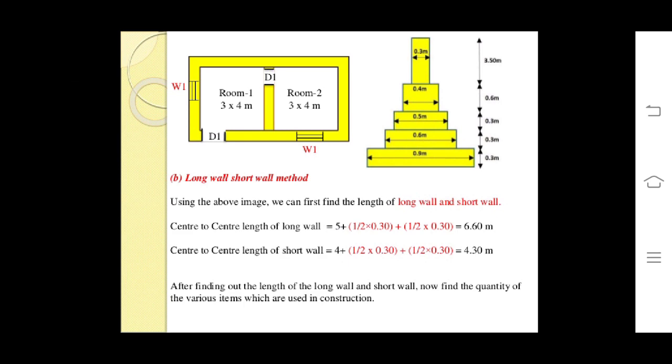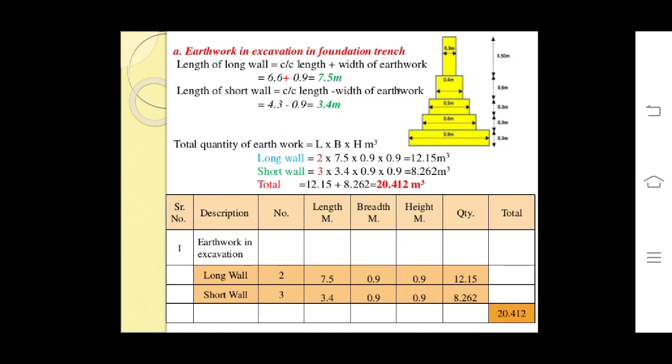After finding out the length of the long wall and short wall, now find the quantity of various items which are used in construction. The first item for calculation is earthwork in excavation in the foundation trench.